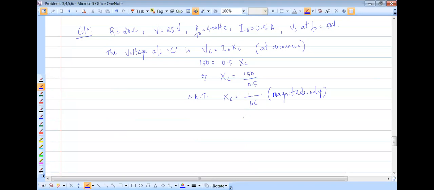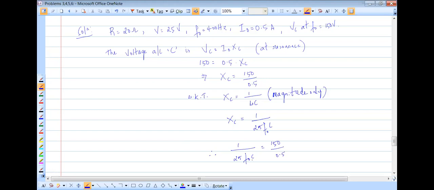And omega is 2 pi f, so since we are talking about the resonance condition, this would be f naught. Therefore we have 1 by 2 pi f naught C equal to 150 by 0.5.